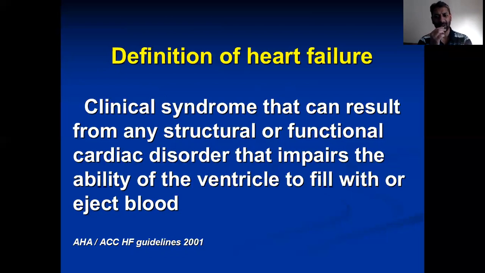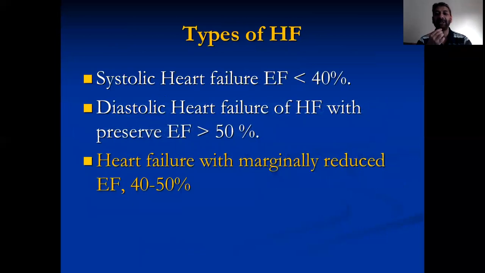If you just concentrate on the words of this definition, any structural or functional disorder that impairs the ability of the ventricle to fill with or eject blood. That's very important to understand, because we have different types of heart failure. Systolic heart failure with ejection fraction of less than 40%.